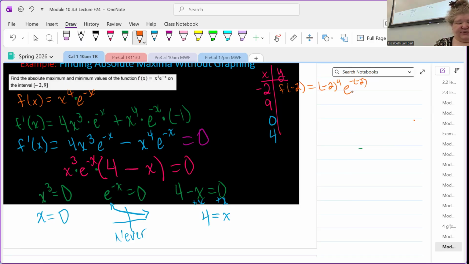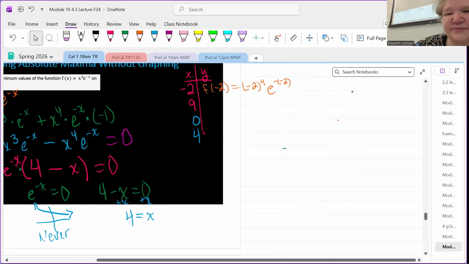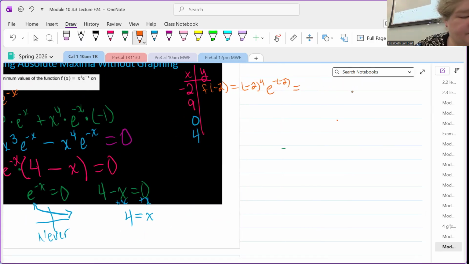Now, if I type that in, though, the calculator is going to give me decimals. So -2 to the fourth power times e to the negative negative 2 is just 2. So we get 118 point stuff.